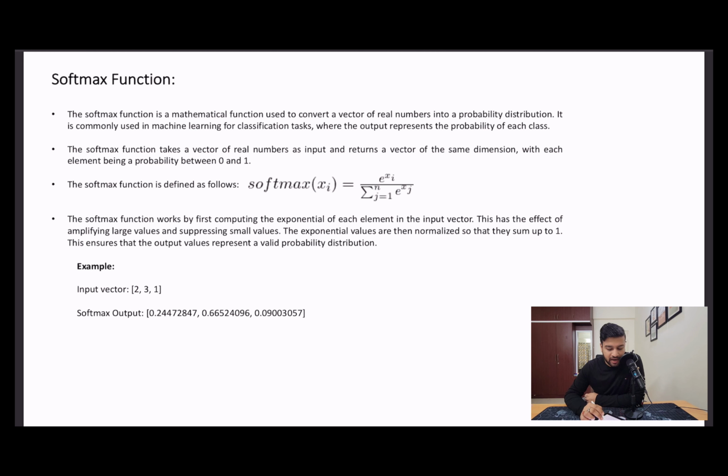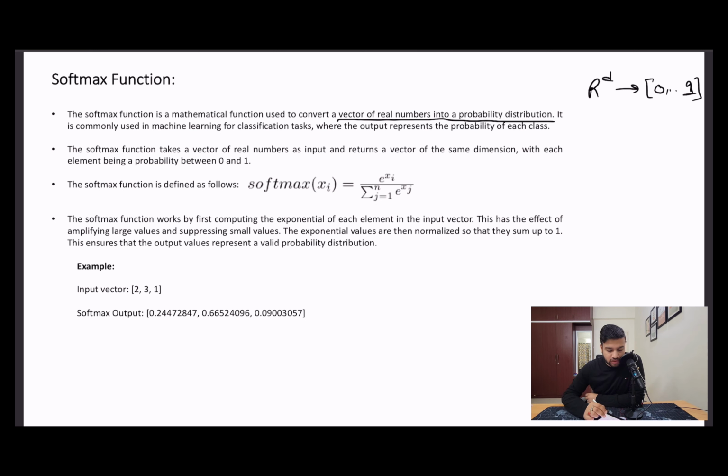Softmax is a mathematical function that is used to convert a vector of real numbers into a probability distribution. So any vector of d dimensions is converted to a probability distribution. Every number in that vector is converted to a number from 0 to 1, which is a probability, and the sum of all those probabilities is always 1. That is how we know it's a probability distribution.